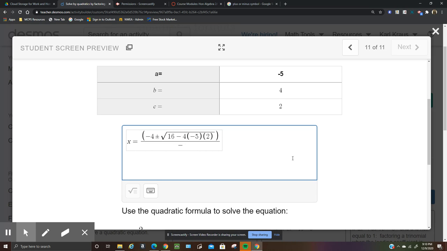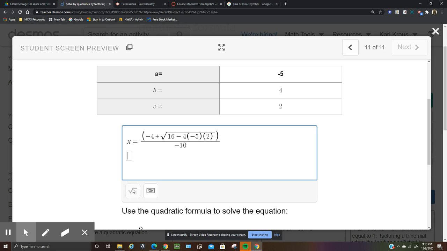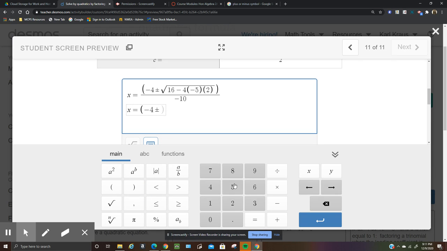Can't see what I'm doing here. Negative 10 in the denominator. If I multiply these together, I get 40 plus 16 is 56.